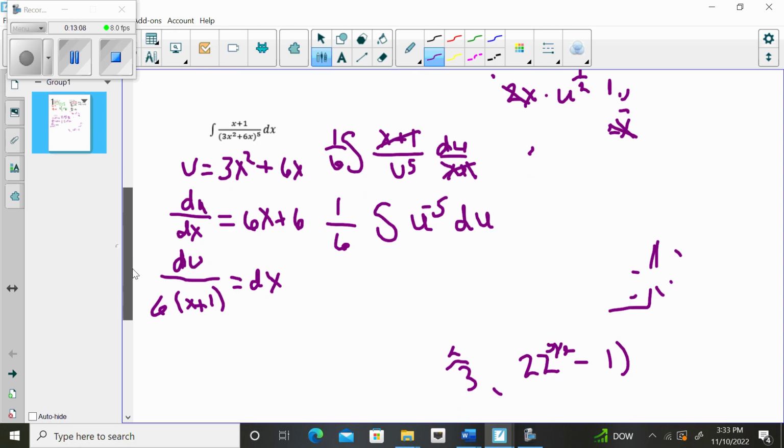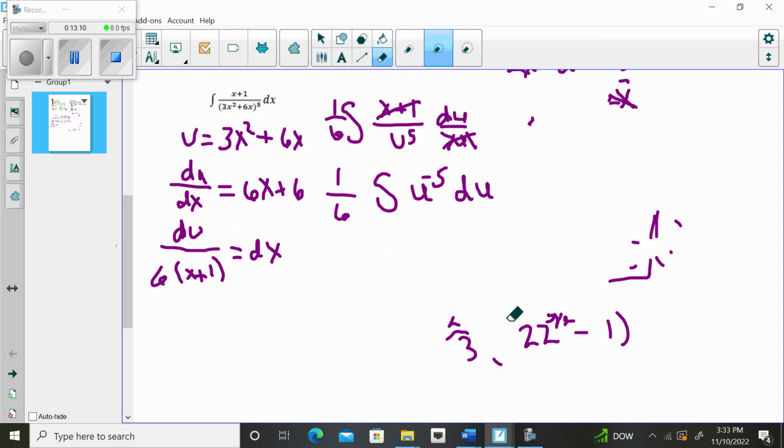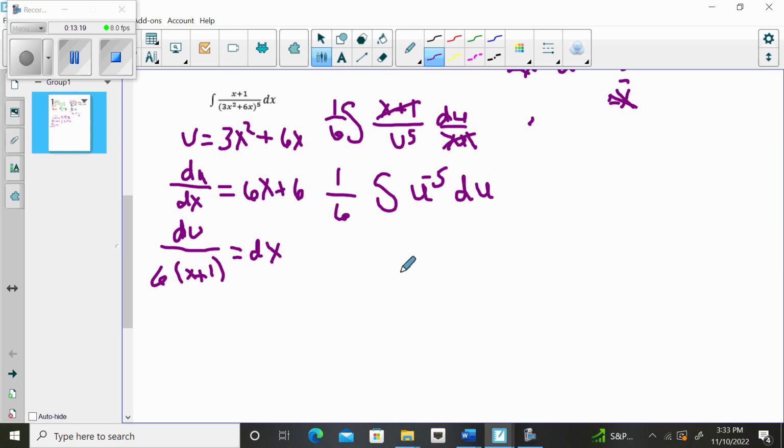All right, increase the power by 1, divide by the new power. So that would become u to the negative 4th divided by negative 4 times 1/6 plus c.